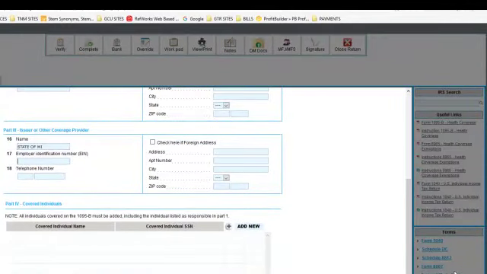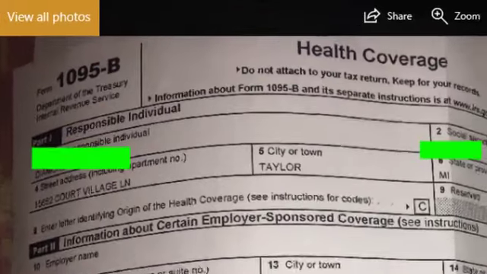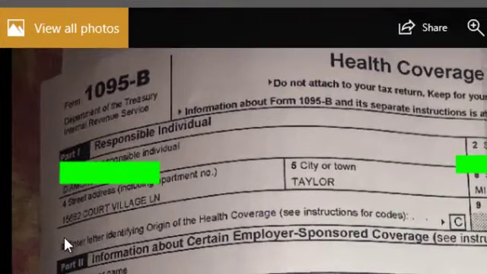Now let's resume with this 1095 form. Let's pull up one. As you can see, 1095 at the top. And I brought this particular one out because the picture is not done properly.